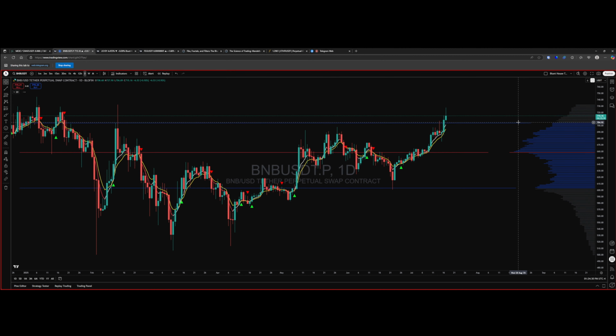It's within the point of control. Okay. And then it's within the volume profile. The point of control here is the average of all of that. It's the averaging of volume over time. It's showing you where most of it's been at this level here. When it averages out, this is the lower range. That's the upper range.